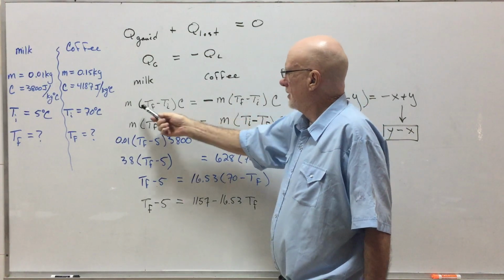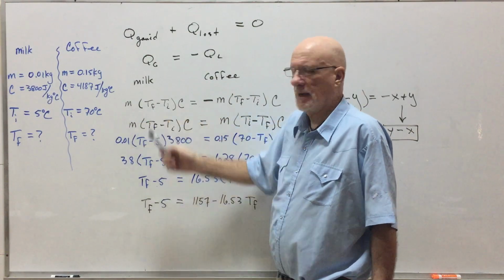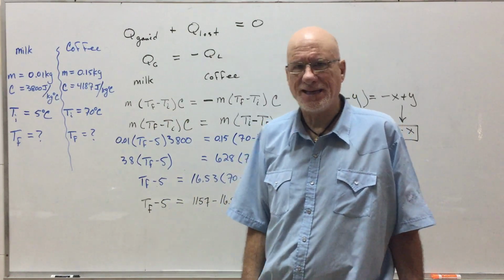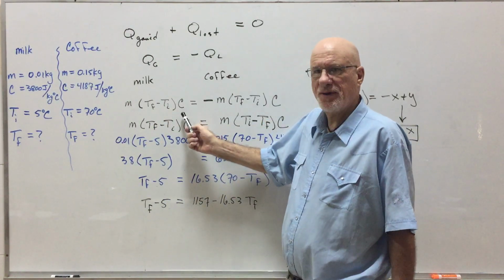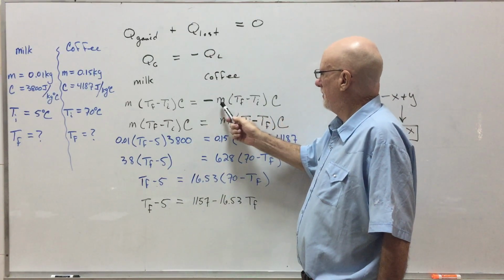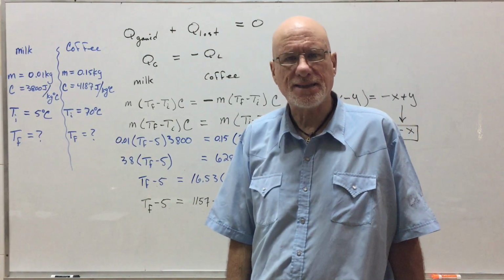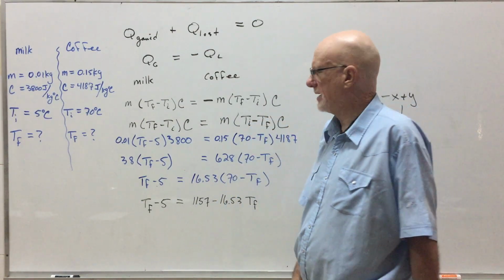So then I expand these and I get M times the quantity T final minus T initial times the specific heat capacity equals negative this expression, mass times temperature final minus temperature initial times the specific heat capacity.